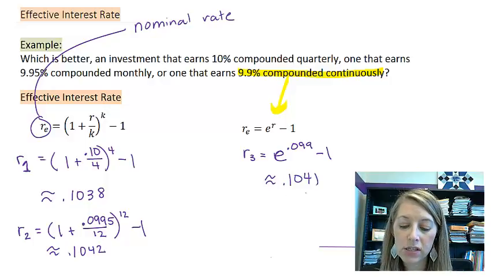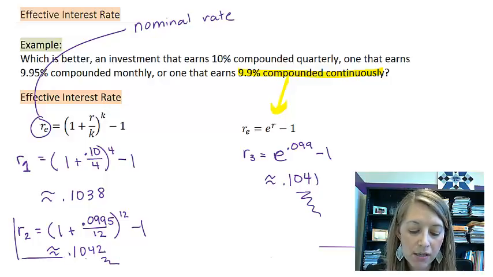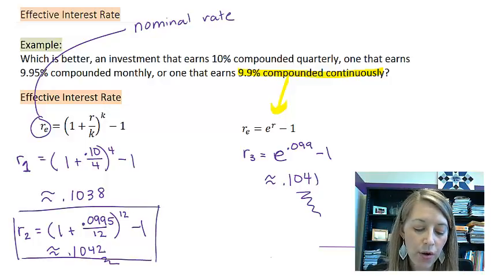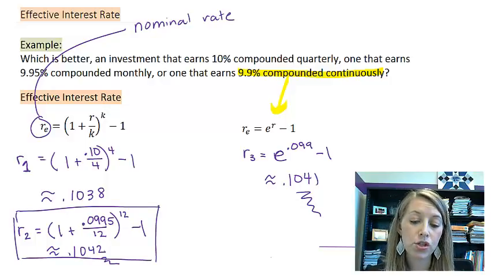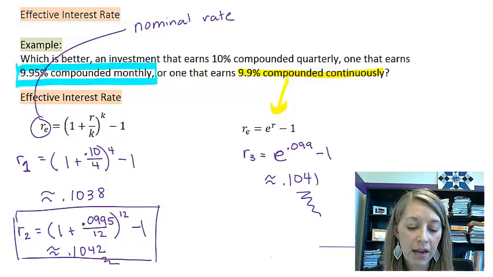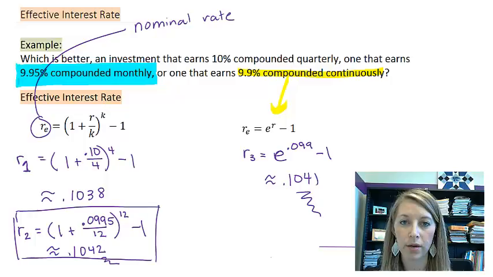So we see our last choice is just barely a little bit below our second choice, but that tells us that our second choice is actually going to give us our best bang for our buck. So if we wanted to choose which one of these, then we should invest at the 9.9%, which is compounded monthly. And so that's going to give us the largest amount of money in the long run.